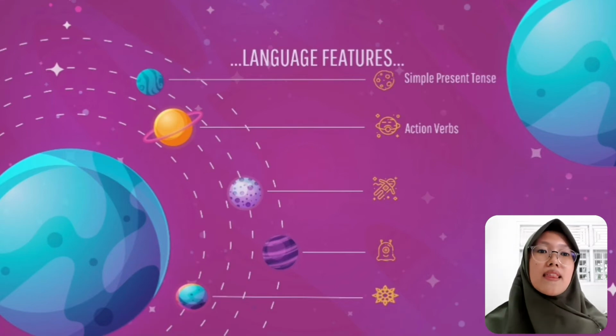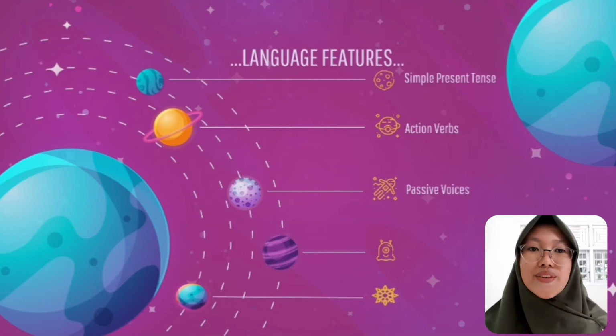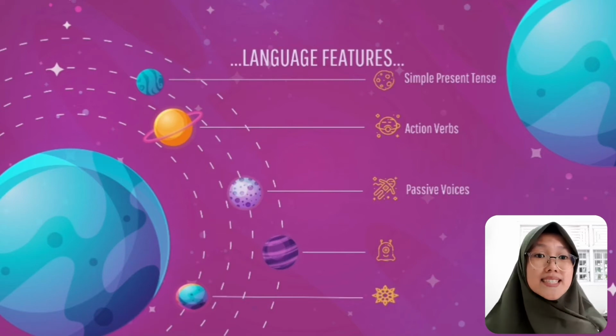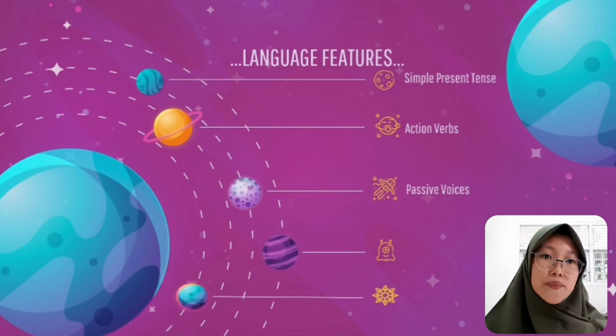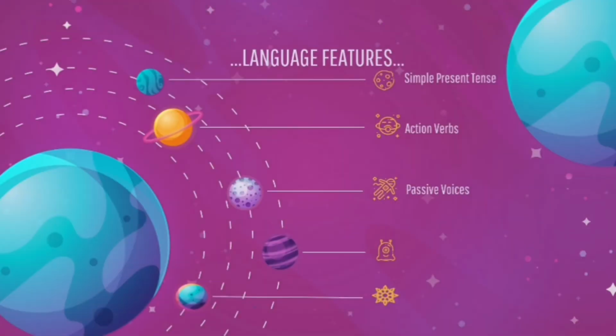The third language feature is passive voice. We've already learned about this in the first semester, and as we know, this is used to show interest in the object or person that experiences the action rather than the person or object that performs the action.